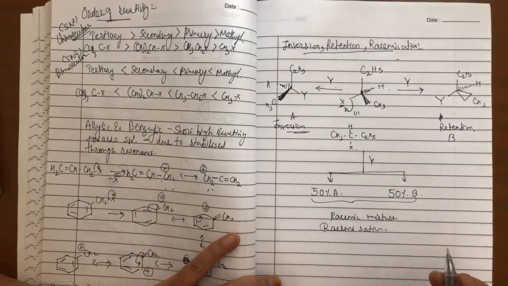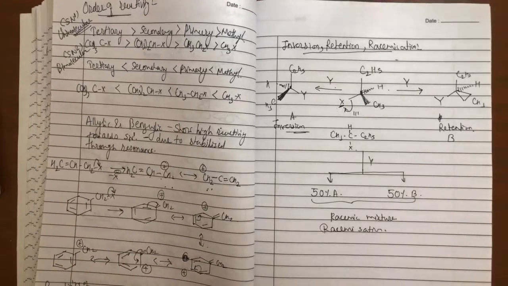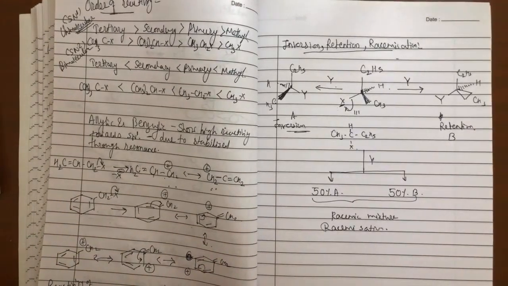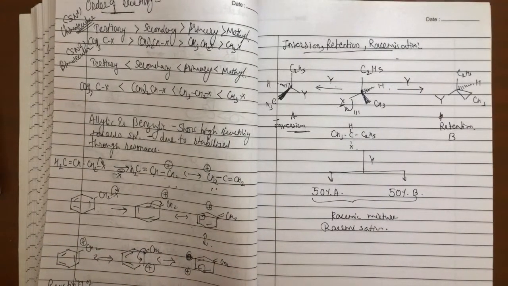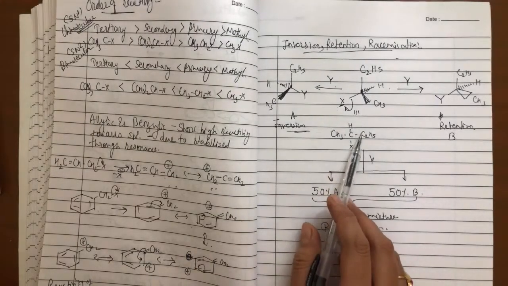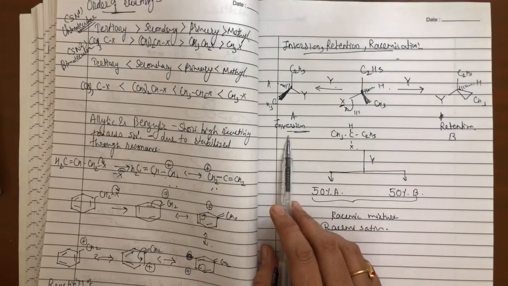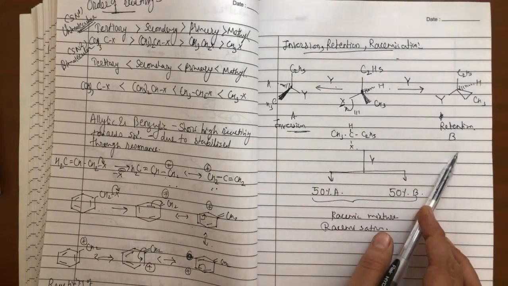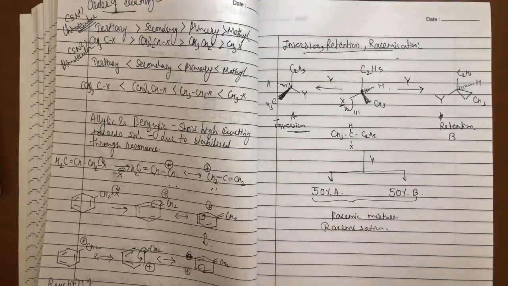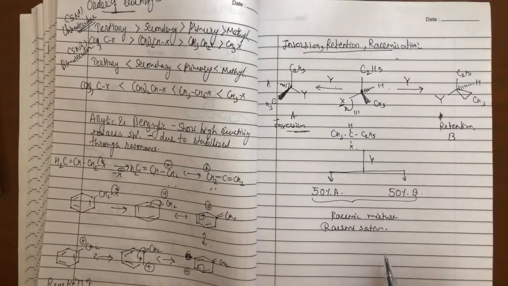So whenever you have an optically active compound as a reactant, there are three different possibilities: the reaction may proceed via inversion of configuration or retention of configuration, or there may be formation of a racemic mixture. So that is racemization.